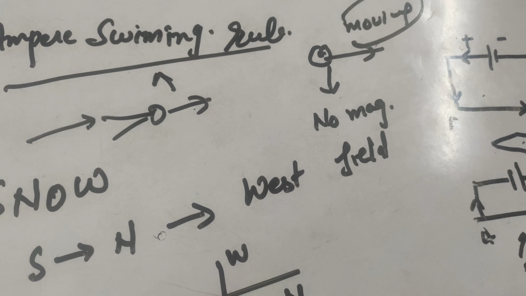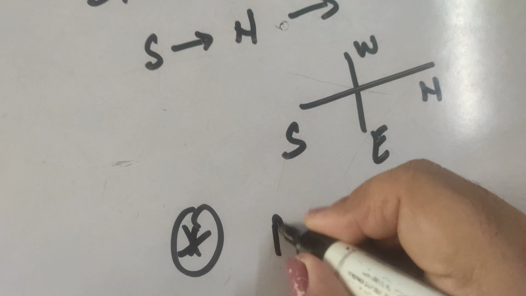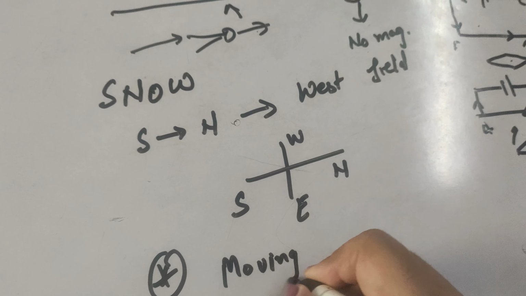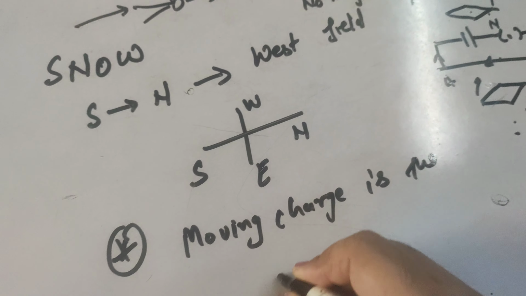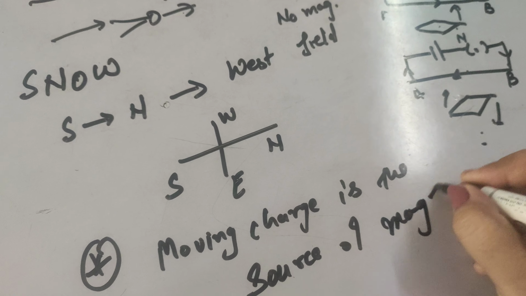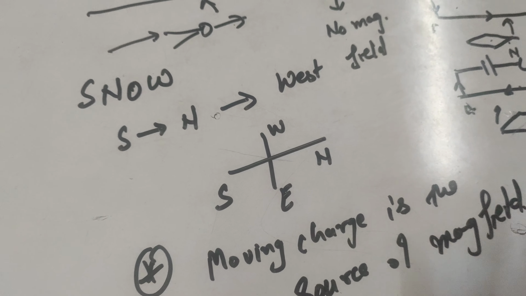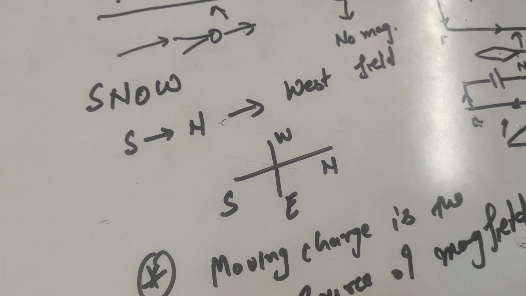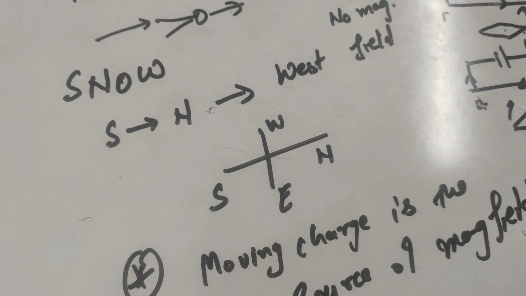So this shows, and this is the important point, that the moving charge is the source of magnetic field, right? Source of magnetic field. Now let us discuss what a magnetic field is, its units, and all about these things in our next video.